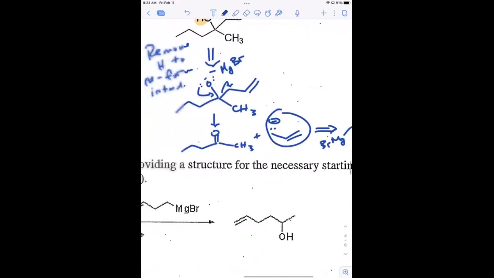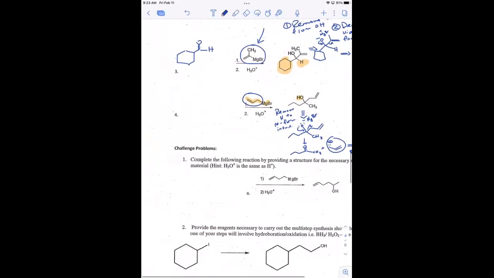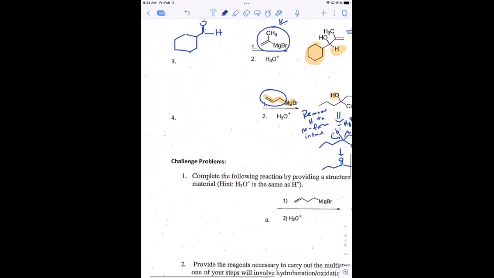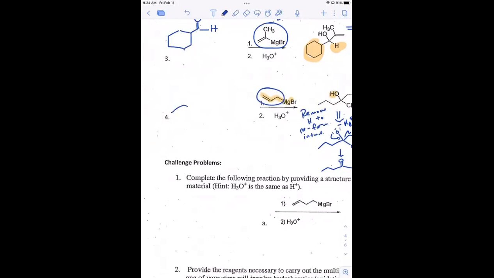So the retrosynthesis part is just working backwards, trying to figure out what the two start materials are. Here, both are given, but we're going to work through some examples where they're not both given. So here, the start material would be this ketone, and it'll be that ketone plus the Grignard that's over the arrow.